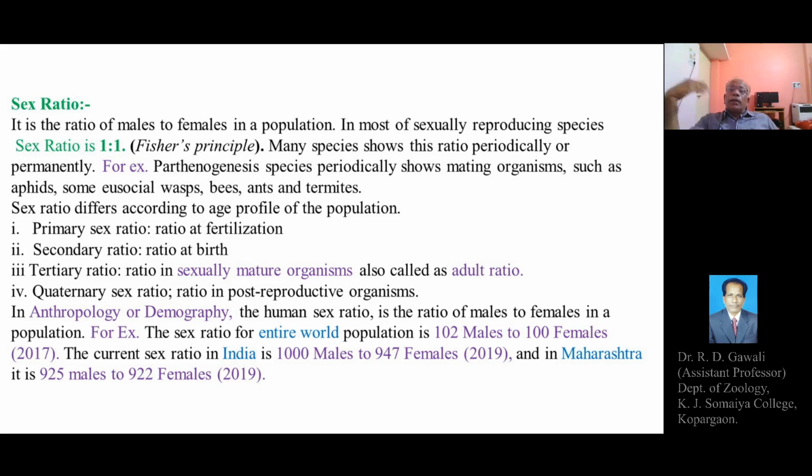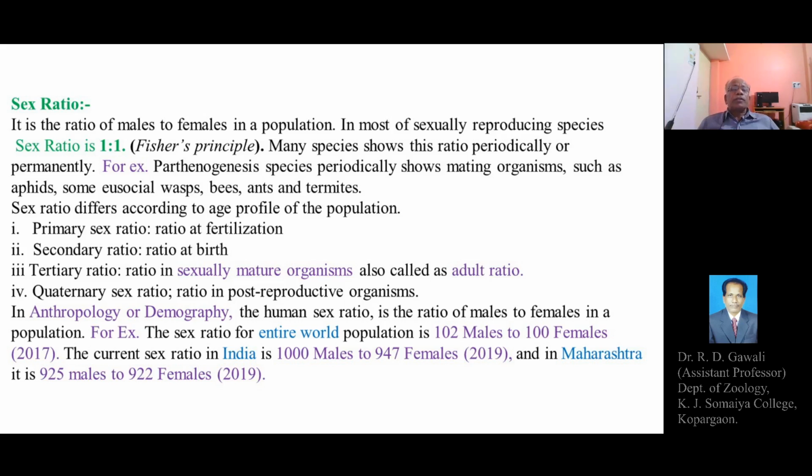This sexual phase alternates with the parthenogenetic phase, where the eggs develop without fertilization. So certain species show alternation of the sexual phase and the parthenogenetic phase, and that's why the sex ratio may be 1:1, periodical, or permanent.